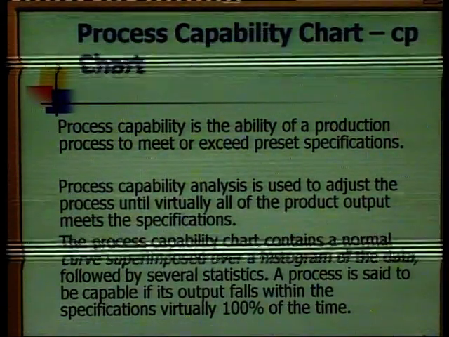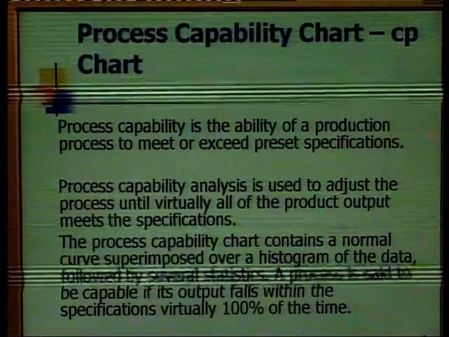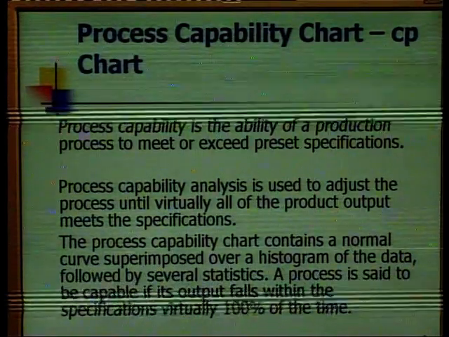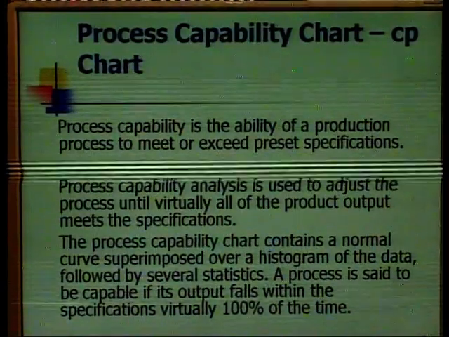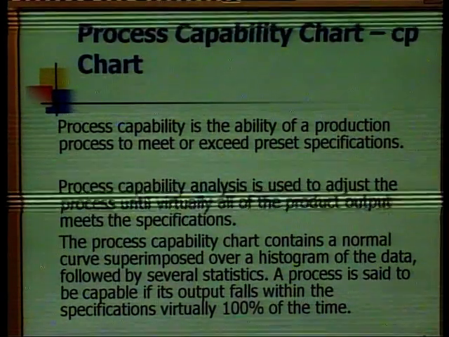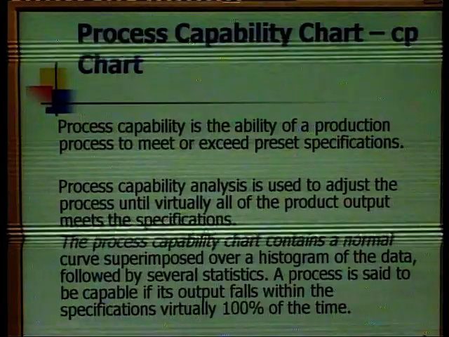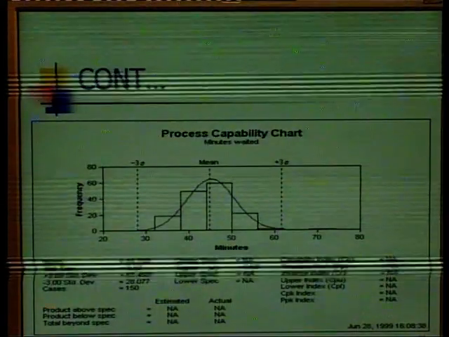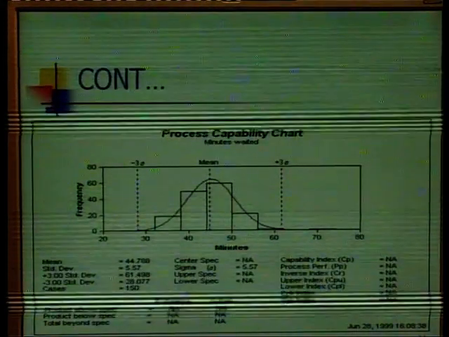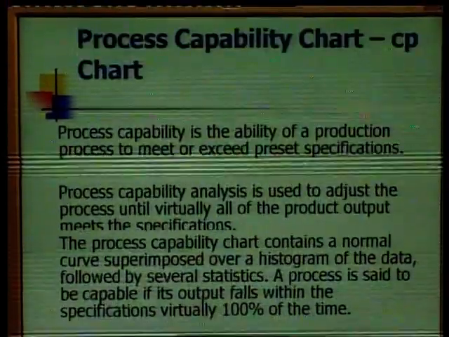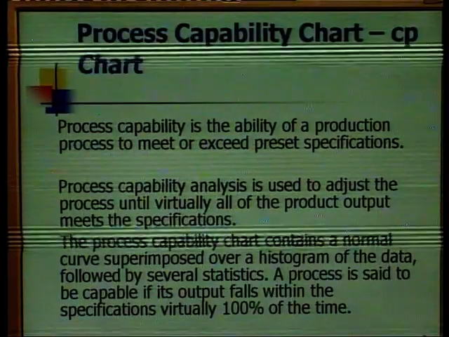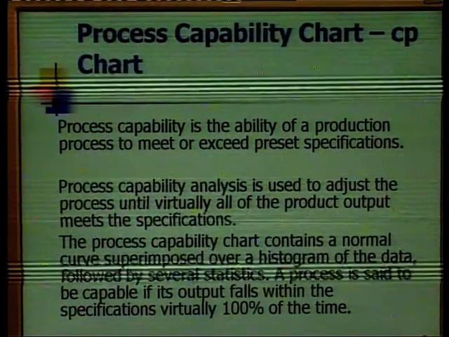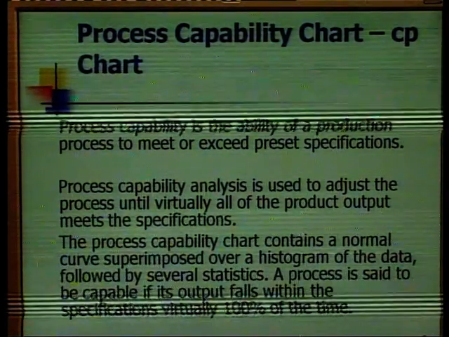Now, the process capability chart contains a normal curve which is superimposed over a histogram of the data, followed by several statistics. I can show you the process capability chart. This is the process capability chart, we will discuss it later. The process is said to be capable if its output falls within the specifications virtually 100% of the time.